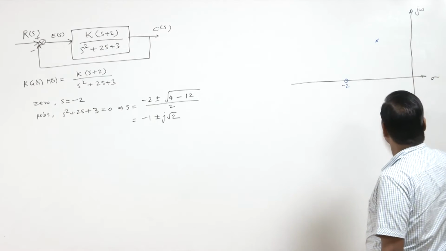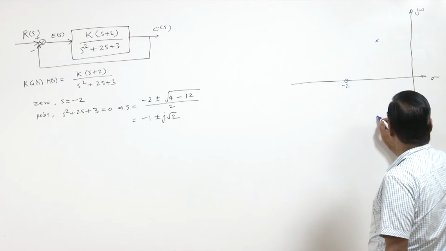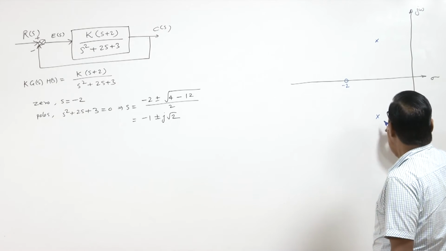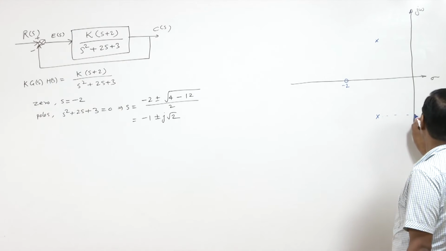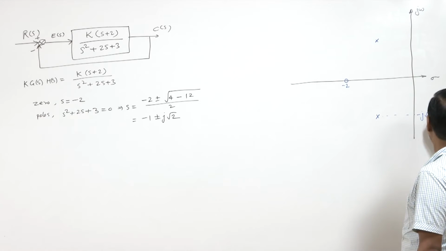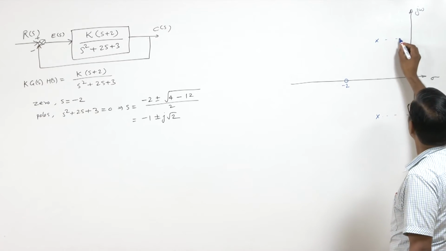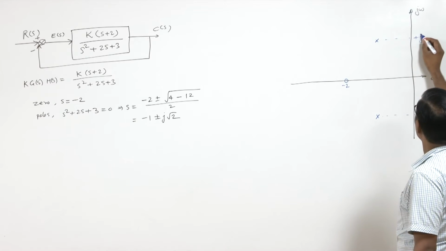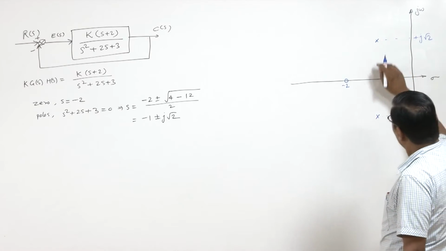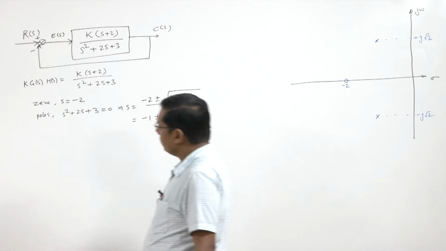This is the first pole and this is the second pole, minus j root 2 and plus j root 2. So 2 poles and 1 zero.